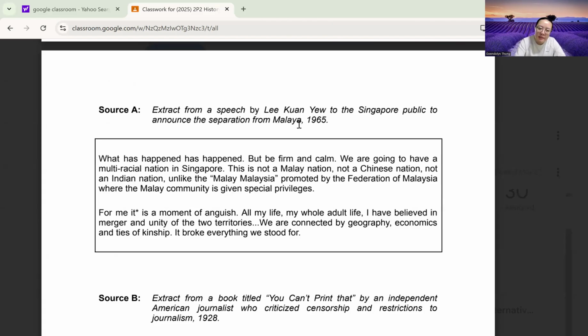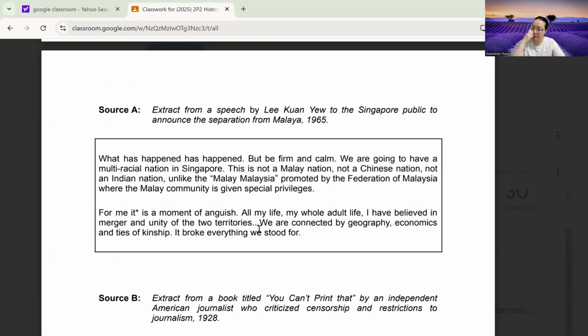And you can tell it's critical because of this sentence in particular: For me, it's a moment of anguish. If you are anguished by something, you are likely critical of it. So he goes on to explain in this very famous speech that he made, and it was videoed as well: All my life, my whole adult life, I believed in merger and unity of the two territories.